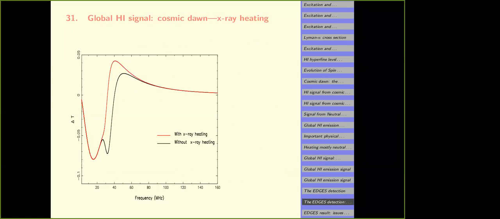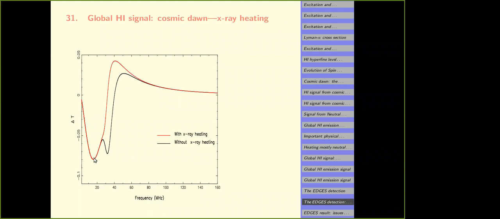Here you have a first glimpse of what might happen when you heat in addition to mixing. Let's pay attention to this curve. You have a red curve, right? In the red curve, what you have done is you start heating.